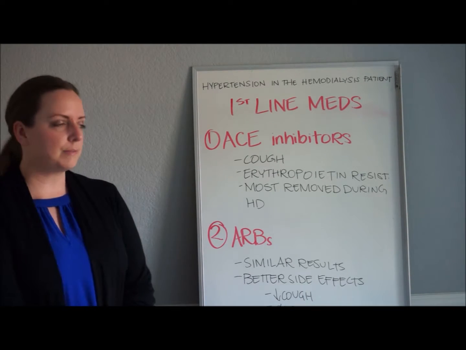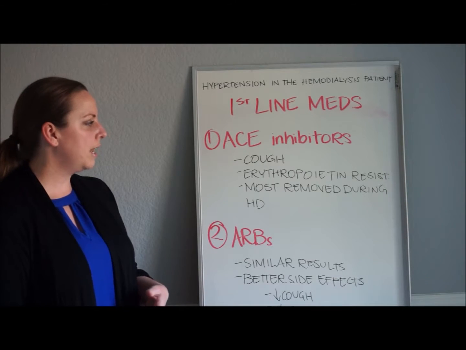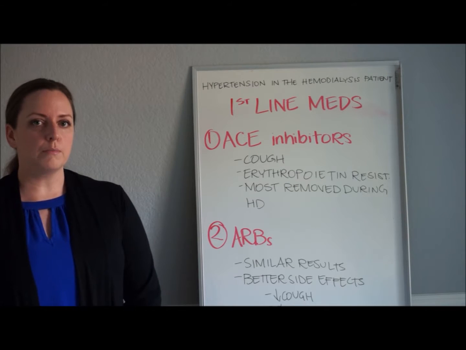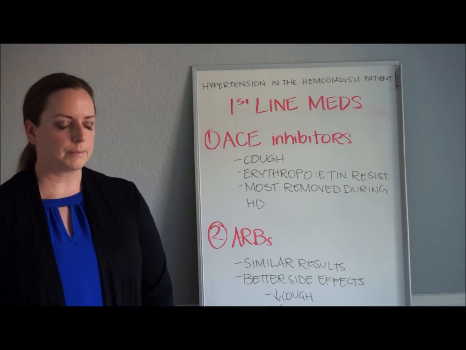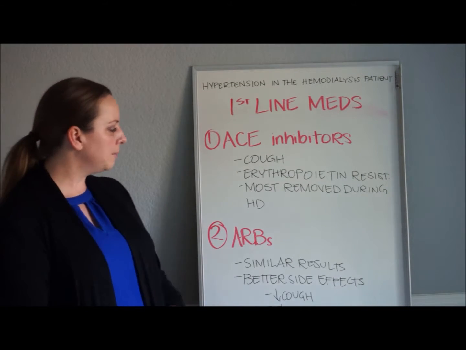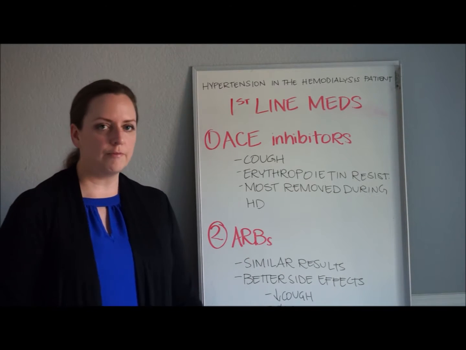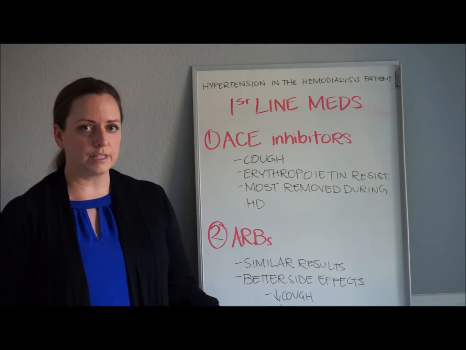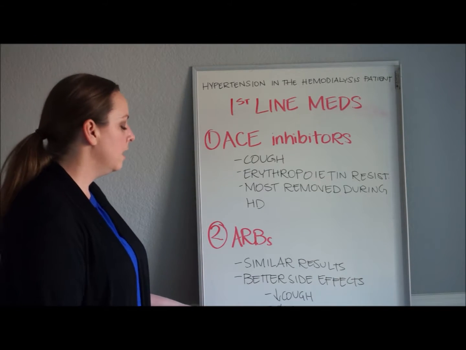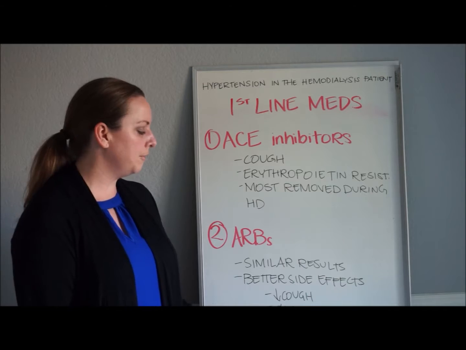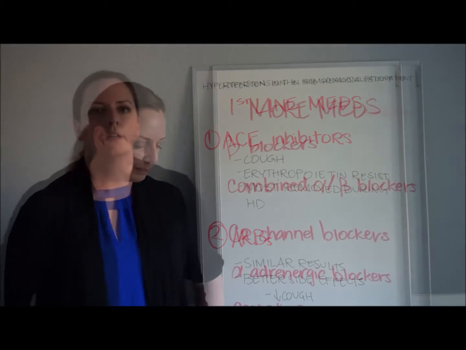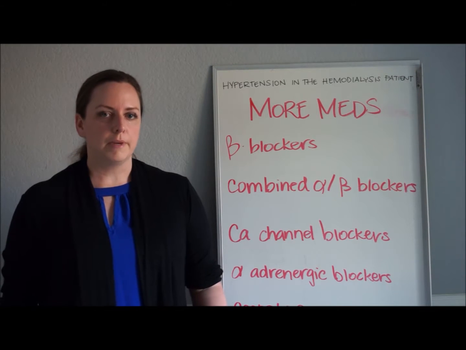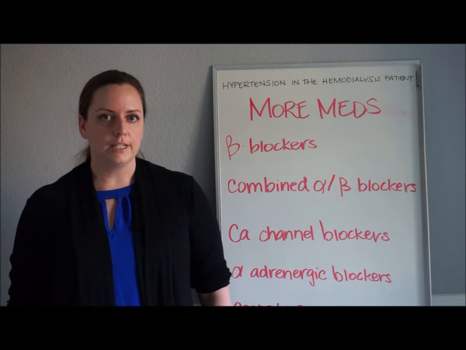ACE inhibitors have some side effects, such as cough and erythropoietin resistance. Also, the ACE inhibitors are mostly removed during hemodialysis. The ARBs have similar results as the ACE inhibitors, but have better side effects. There's a decreased risk of that dry cough typically associated with ACE inhibitors, and also there's no issue with erythropoietin resistance.